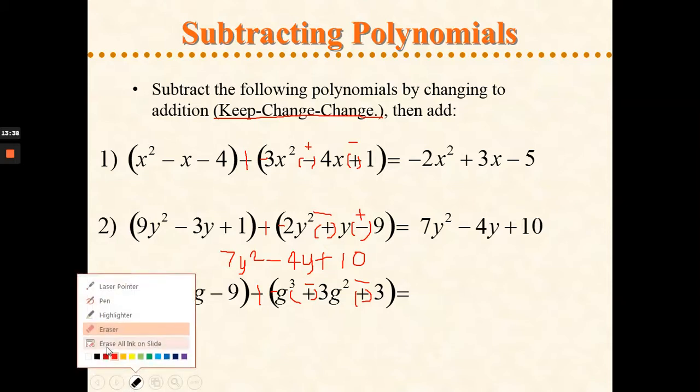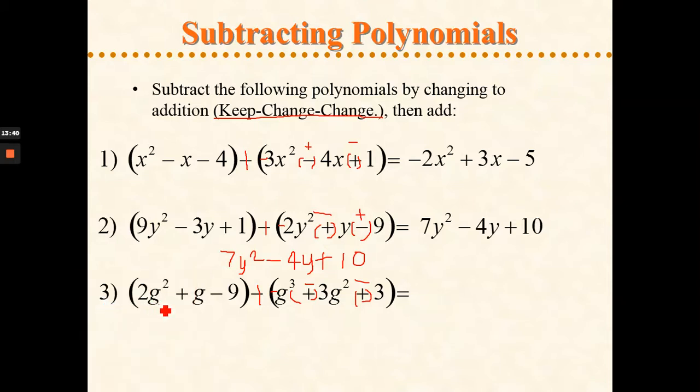Can we subtract the 2? The exponent here is 2. The exponent here is 3. So we cannot subtract them. So we're just going to copy this one, negative g cubed. And then, how about this one? Yes, we can combine this. 2 plus negative 3, that is negative 1 g squared.